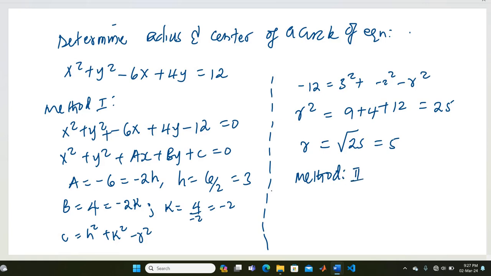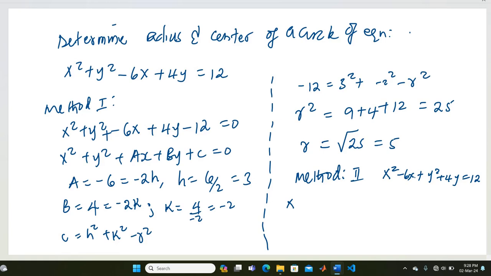Method 2 would be to complete the squares. So we have x squared minus 6x, then we also have y squared plus 4y, and this is equal to 12. First of all, to complete the square, I take half of the coefficient of x, then I square it.